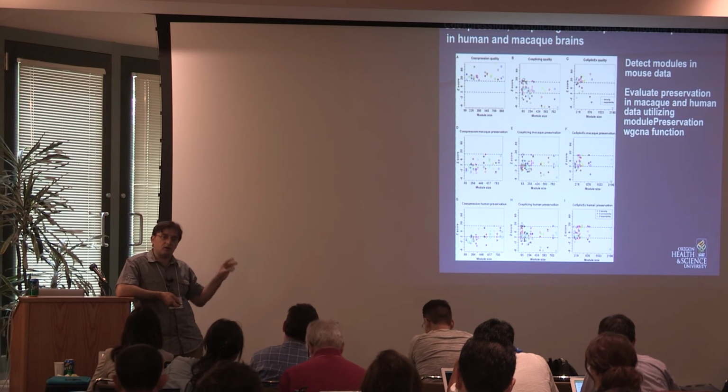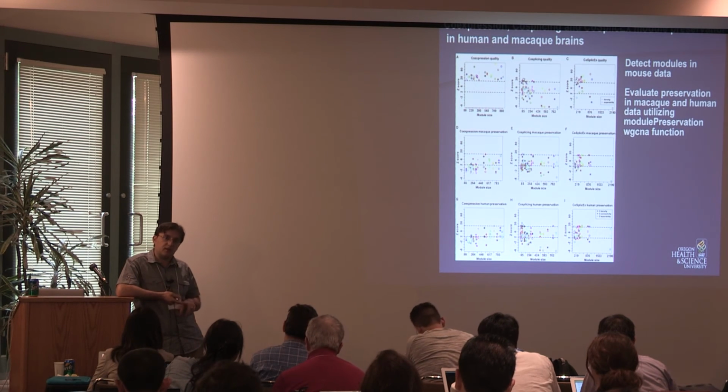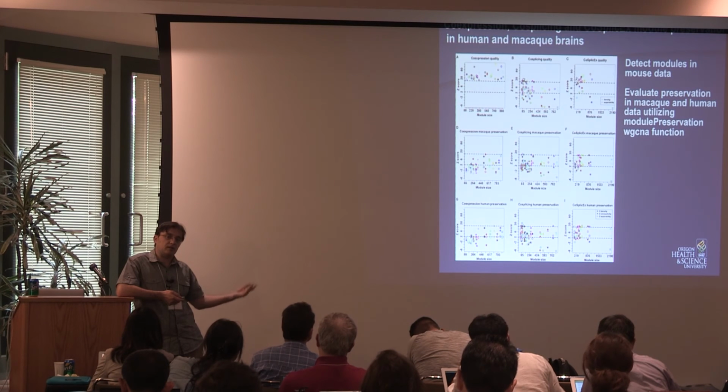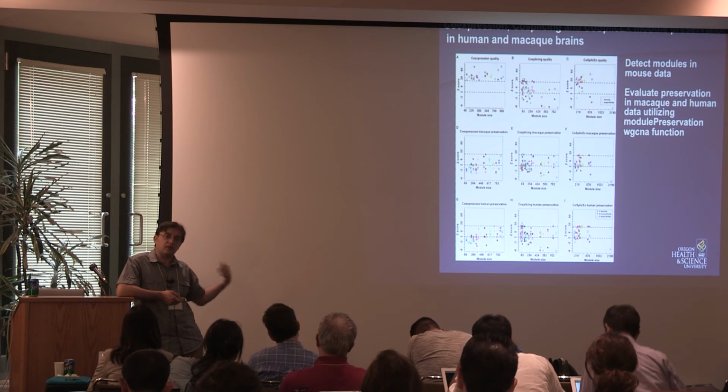If you think of an organ across species, it's both preserved and altered. The same way with a module. You can say it's the same module, and that's preservation, but it's also disrupted. So there are different methods to evaluate this.